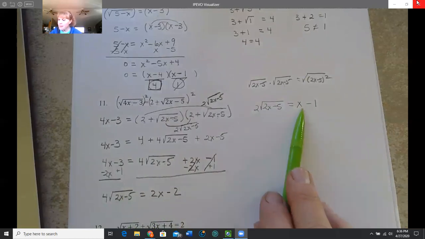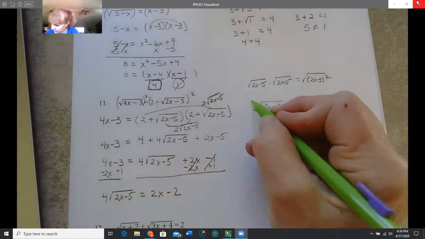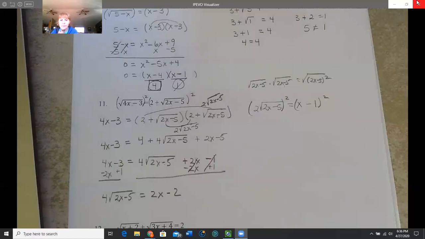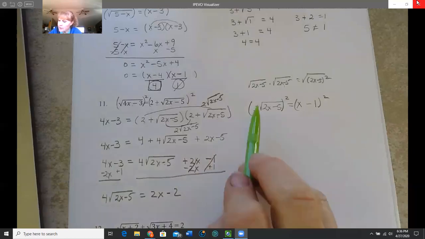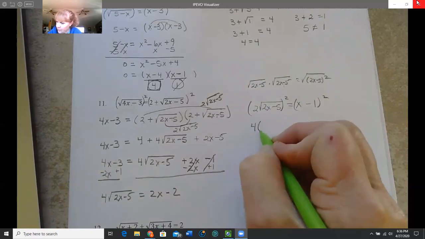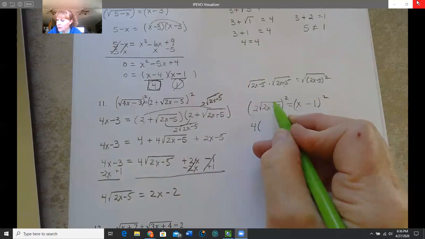So now I'm going to square both sides. Let's square it. You square the 2 outside. That's a 4. And now you have to use parentheses because you're getting rid of the radical.